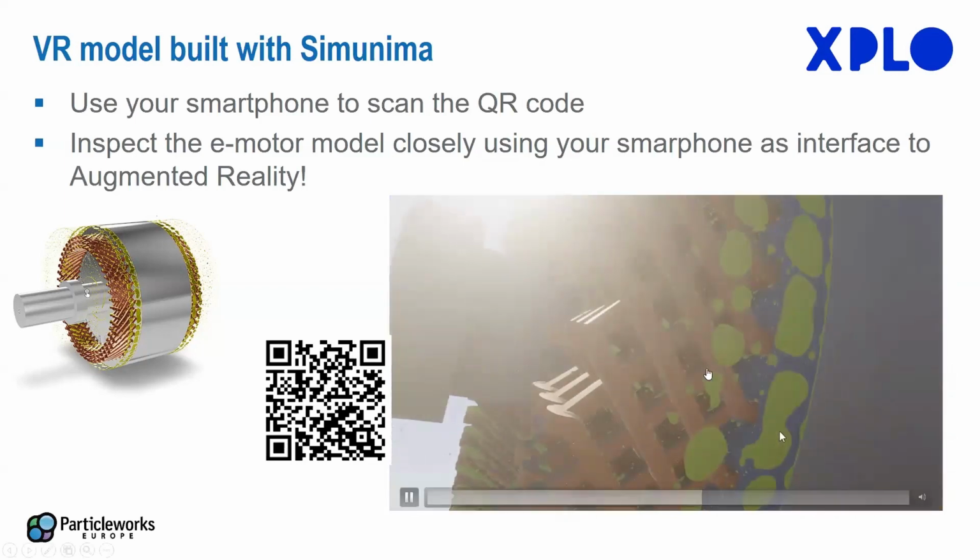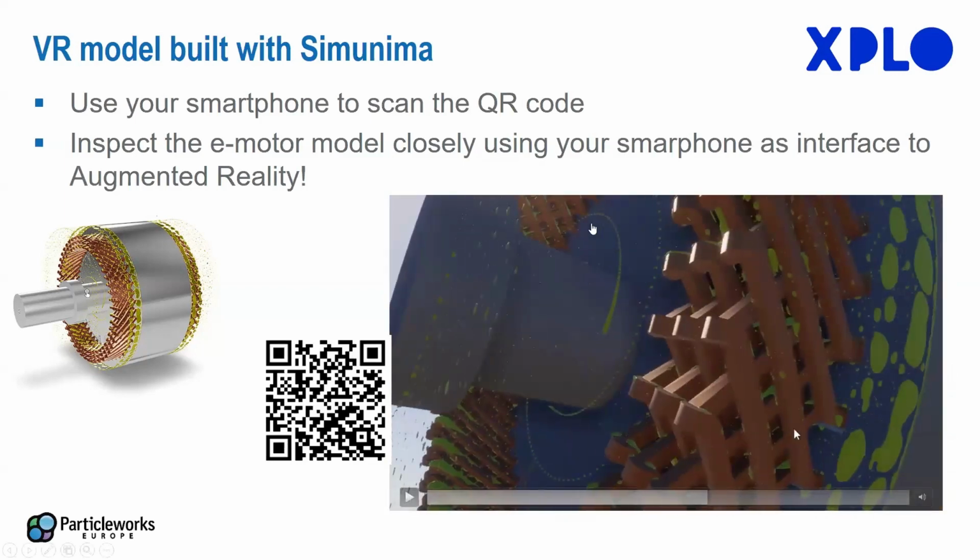Okay, so you see the accumulation, the oil jets coming from the center, and the accumulation between the windings and also on the housing. Okay, so I don't know if you were able to launch this model on the browser, but it's very nice, I think.